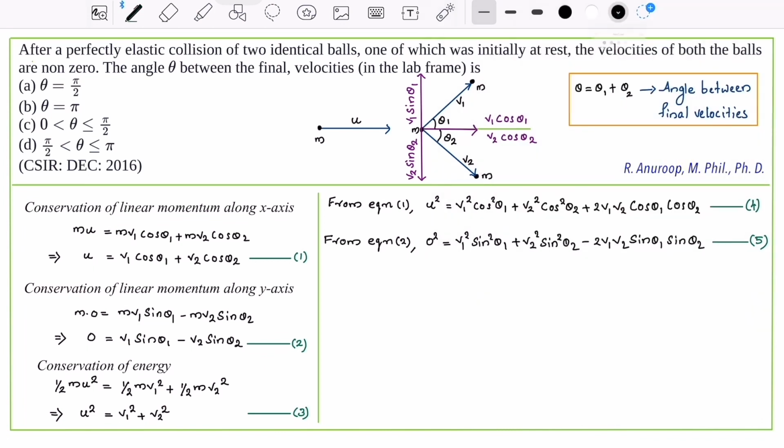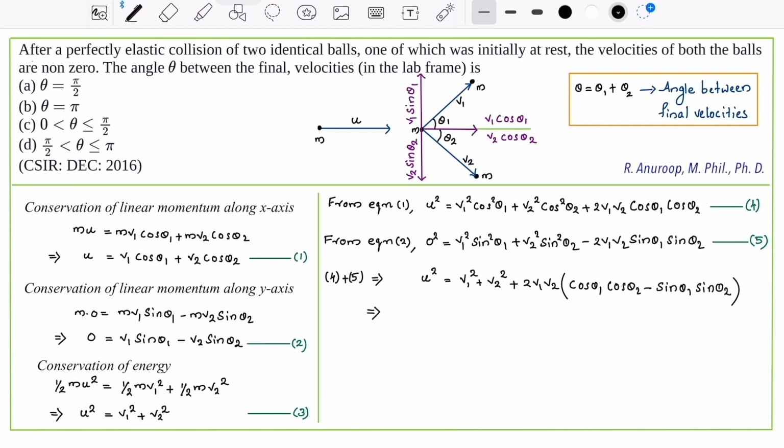Now let us add equation 4 and 5. This implies u square is equal to v1 square. Now cos square theta 1 plus sin square theta 1 is 1. Similarly, cos square theta 2 plus sin square theta 2 is also 1. Hence, u square is equal to v1 square plus v2 square plus 2v1 v2 into cos theta 1 cos theta 2 minus sin theta 1 sin theta 2.